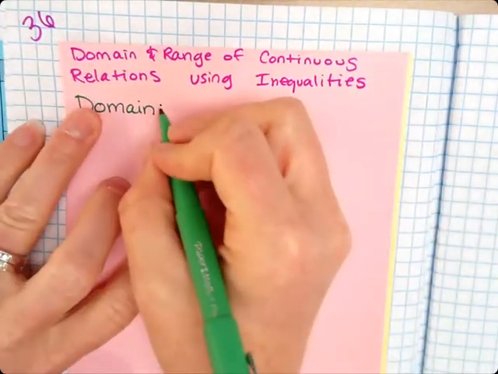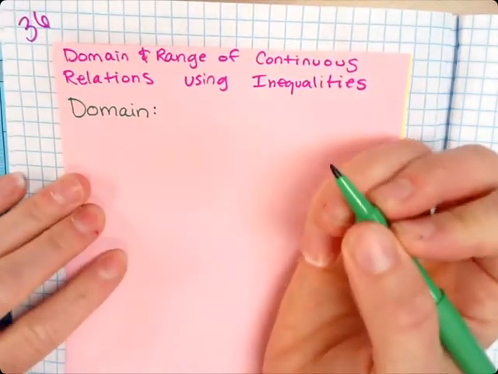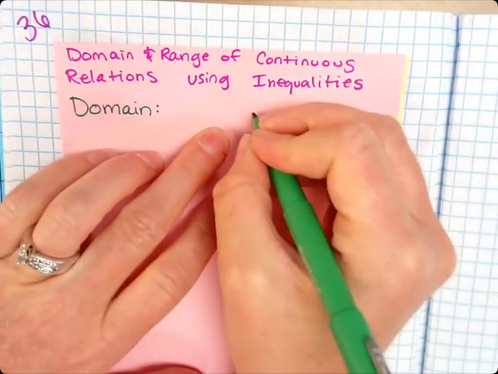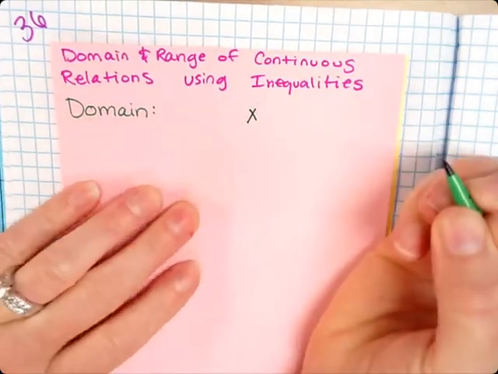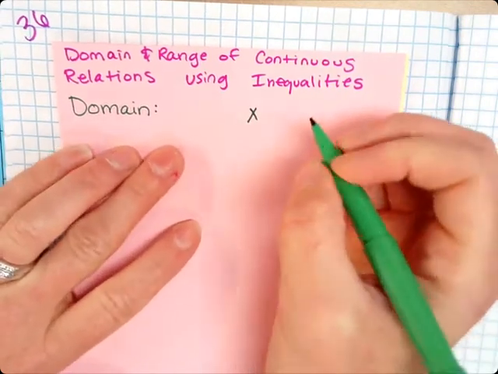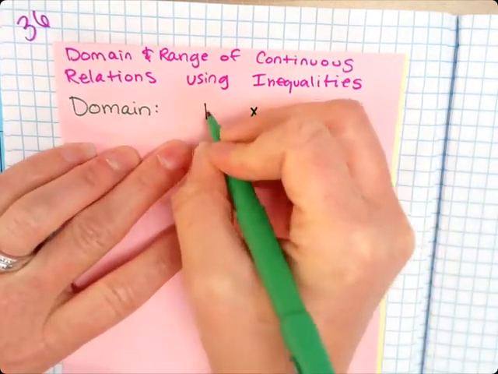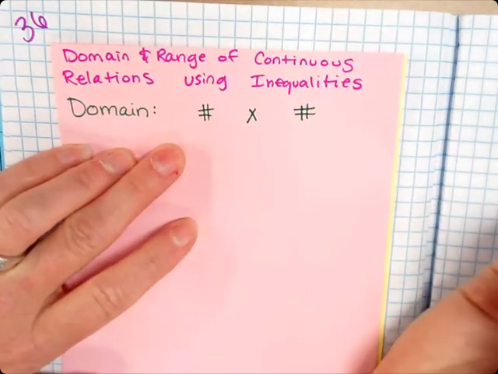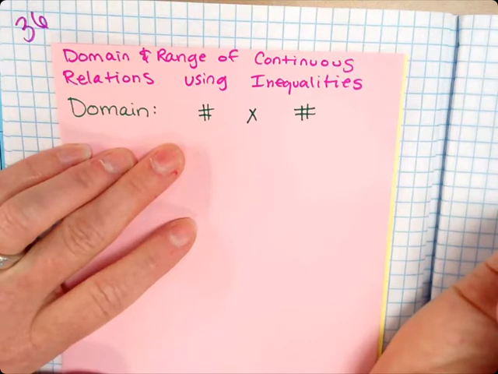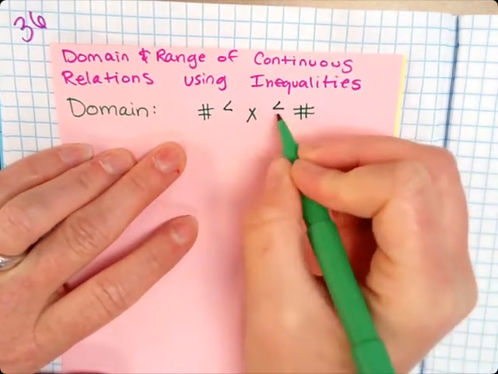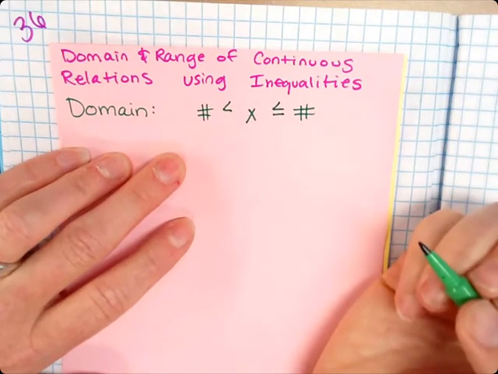So the way that we'll do domain with inequalities is called a compound inequality, where you put x in the middle and you write the two different numbers that x is between, from least to greatest, and then you use a less than or a less than or equal to symbol.